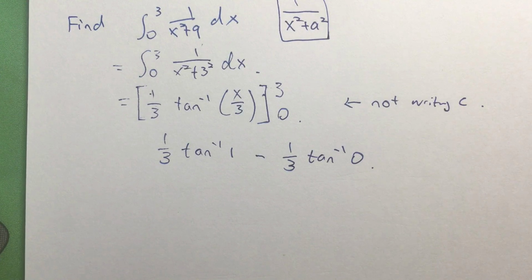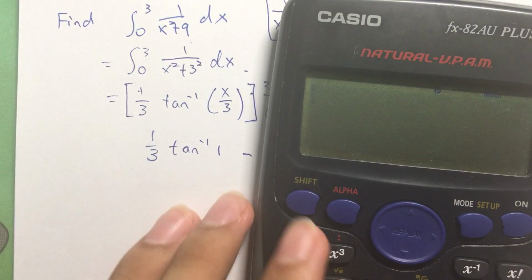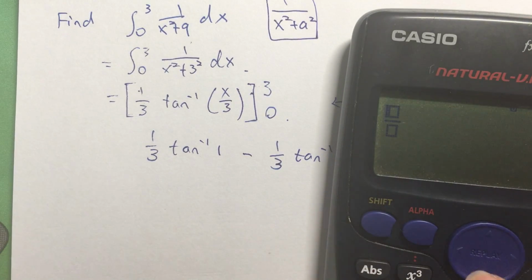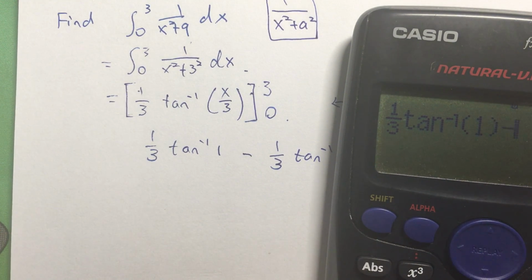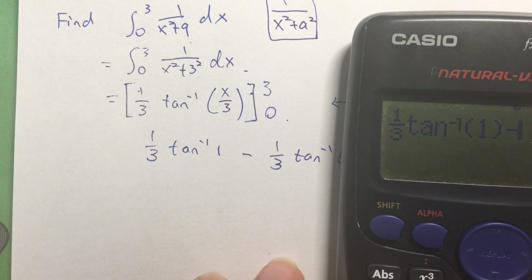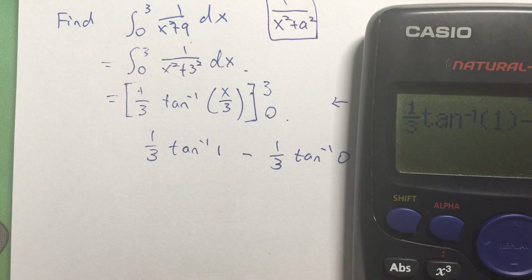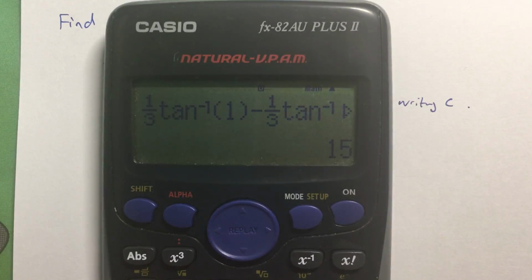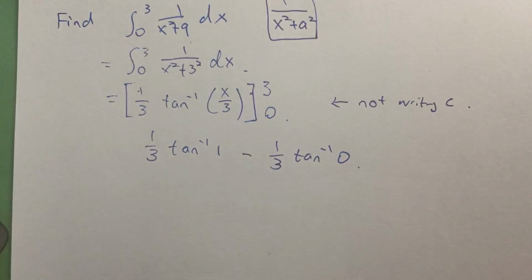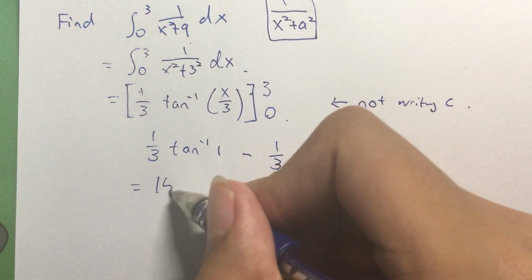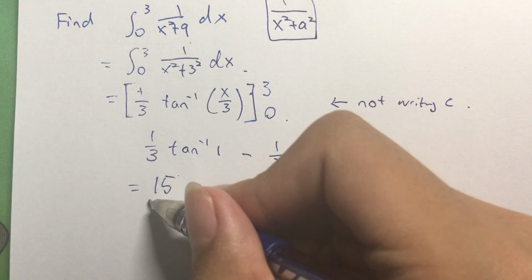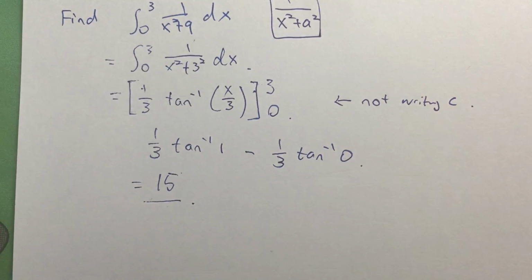And let's use our calculator now. So we have 1 over 3 times inverse tangent 1 minus 1 over 3 inverse tangent 0, which is equal to 15. So we have here 15, and that is our answer for this question.